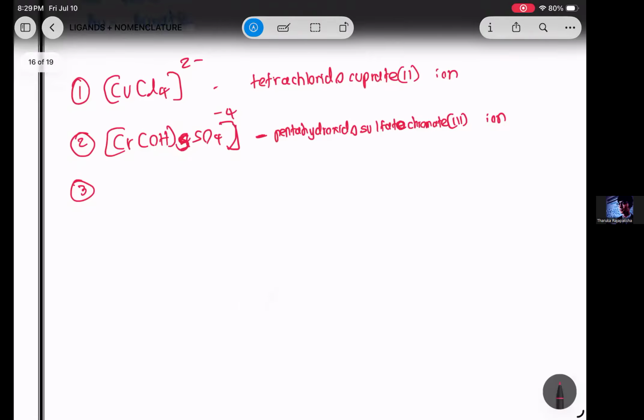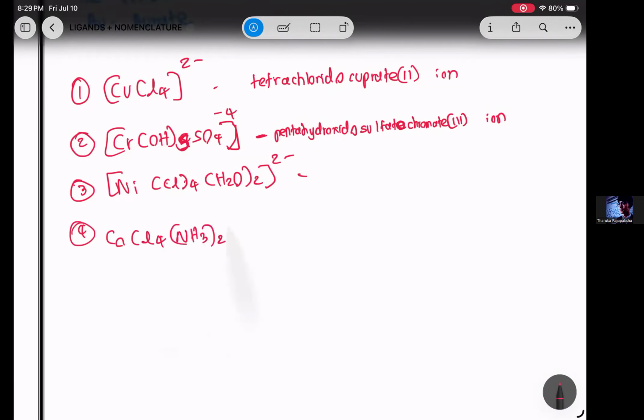So the third one, I will give you this compound, nickel, four chlorine, so it's 2 minus. Write the name for this. Fourth one, cobalt Cl4, NH3 twice.